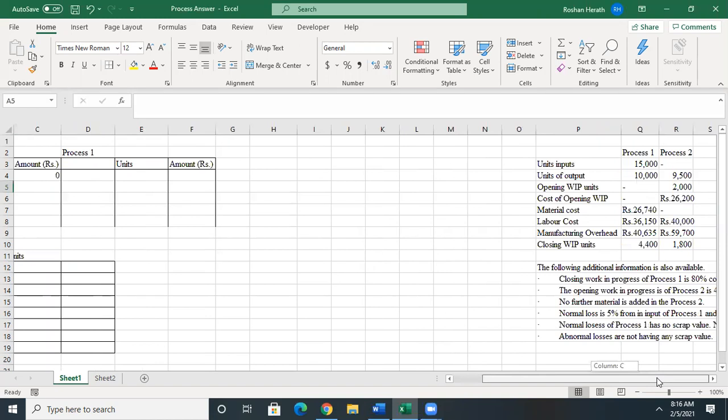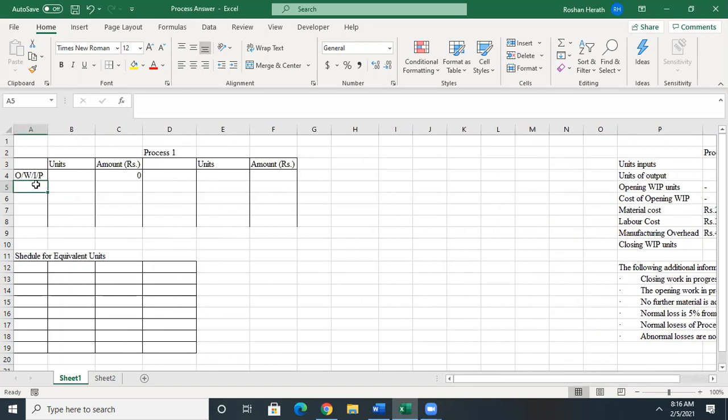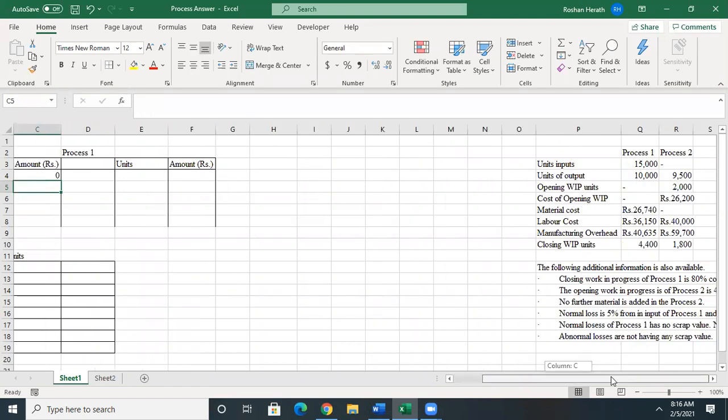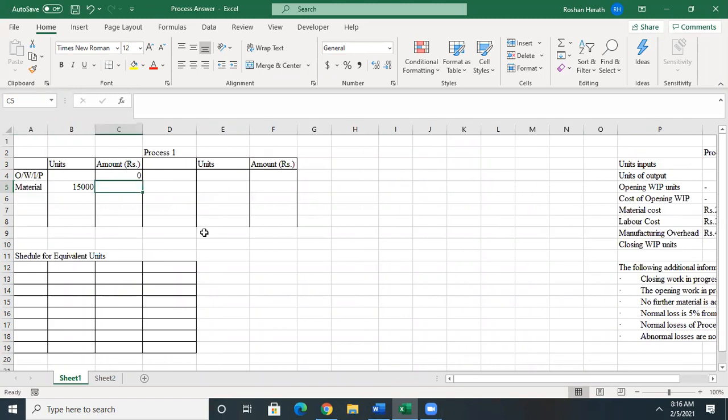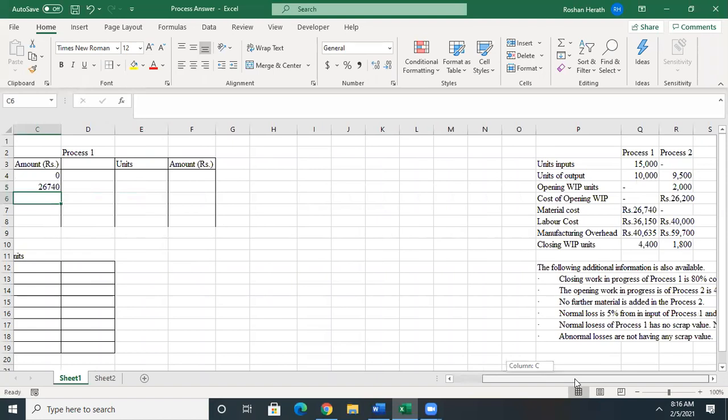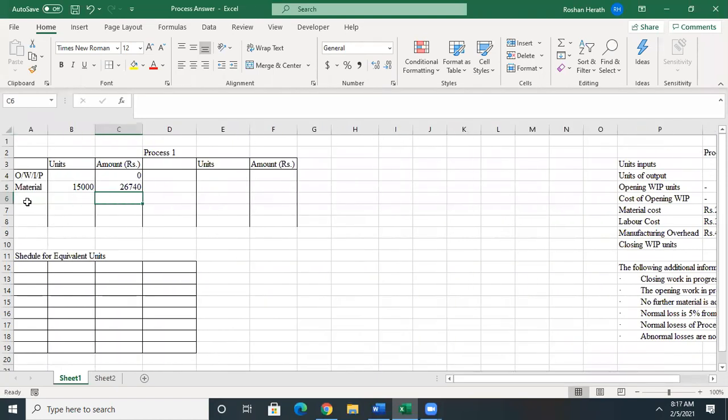Then you have the inputs, 15,000 unit input. So it's basically the material input, 15,000 units. You are also given the cost of that, 26,740.